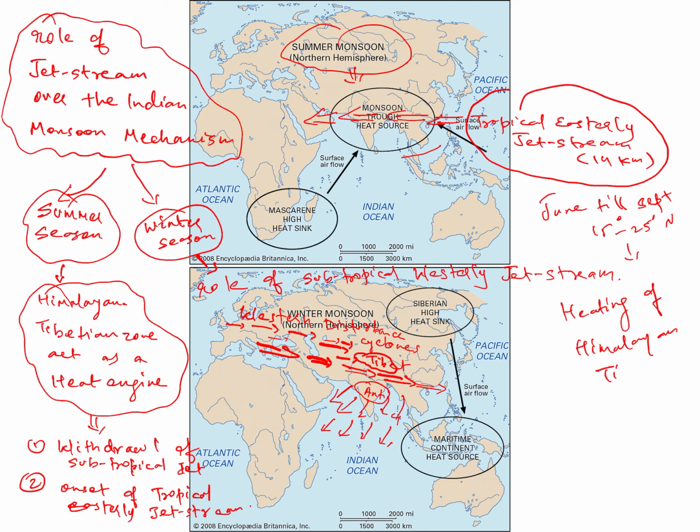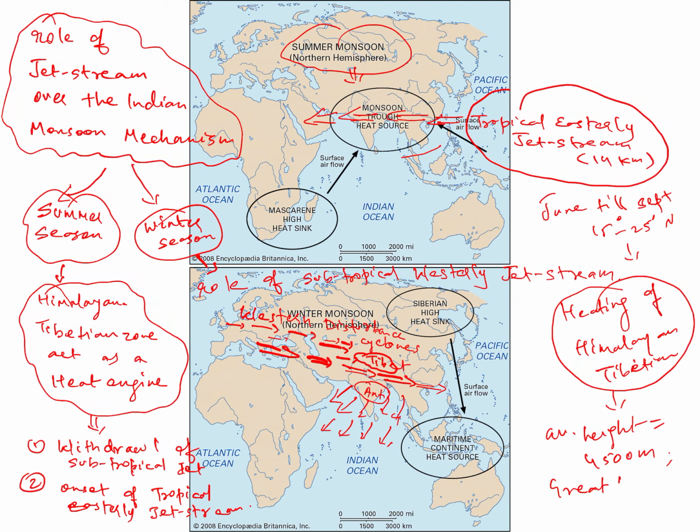So we already know that the world's highest topography is the Himalayan Tibetan zone, with an average height of the Tibetan area of around 4,500 meters, and the Great Himalayas height of more than 6,100 meters.